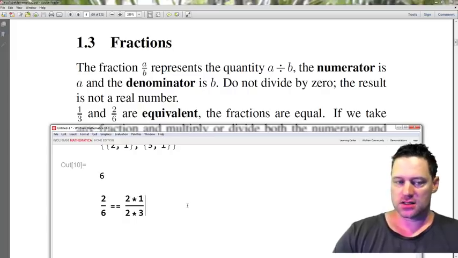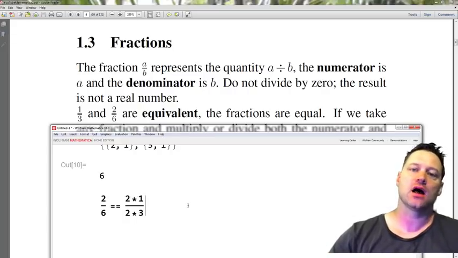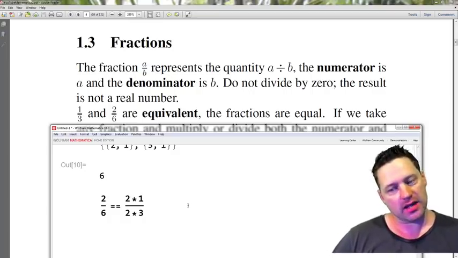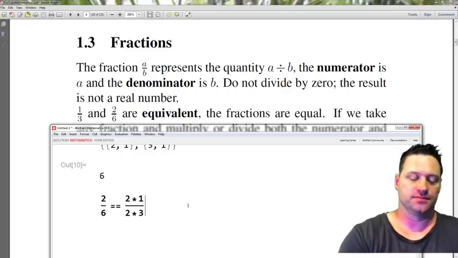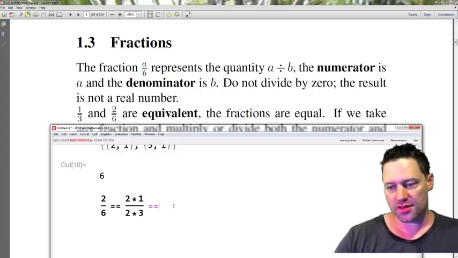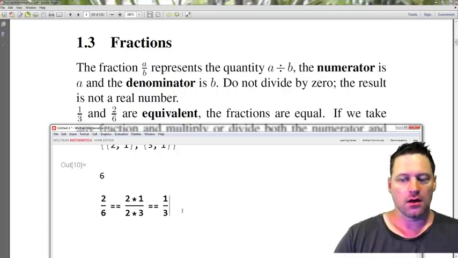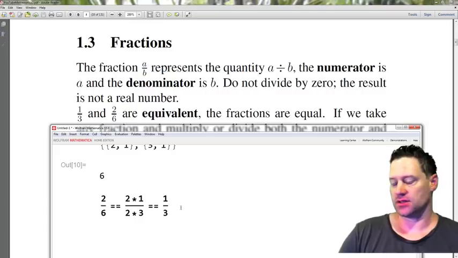I would get my red pen out and write a slanted line through the 2's, and that tells me that what remains when I cancel those is 1 over 3. So I'll say 1/3. These are equal fractions because I have canceled.